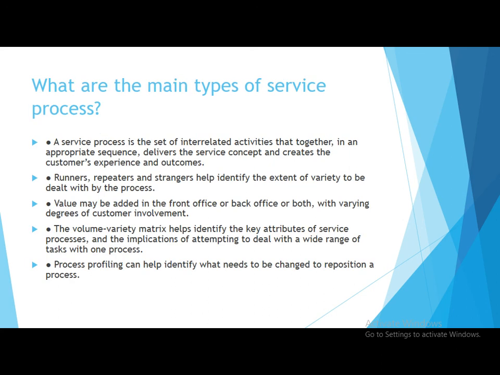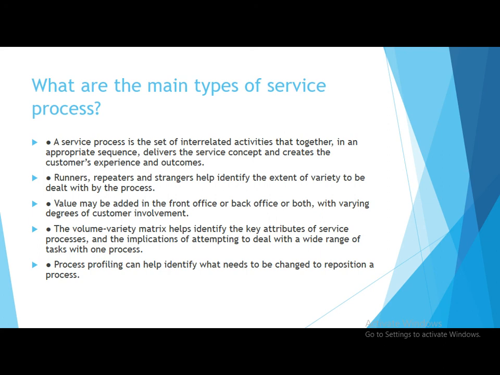What are the main types of service processes? A service process is the set of interrelated activities that together, in an appropriate sequence, deliver the service concept and create the customer experience and outcomes. Runners, repeaters, and strangers help identify the extent of variety to be dealt with by the process.